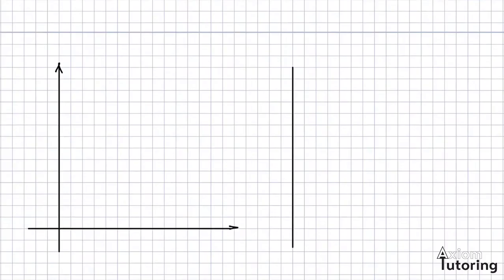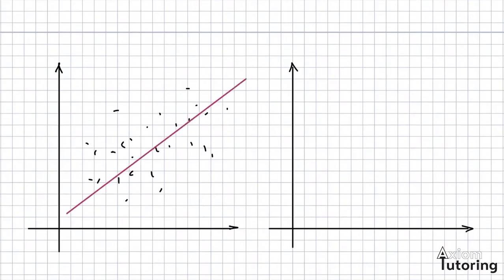If we were to draw this visually, I'm going to take a slightly different approach for this one, because with the y, it was quite obvious why the actual slope remained the same. So what happens here? Let's assume this is my real data, and let's assume this would have been my fitted line.